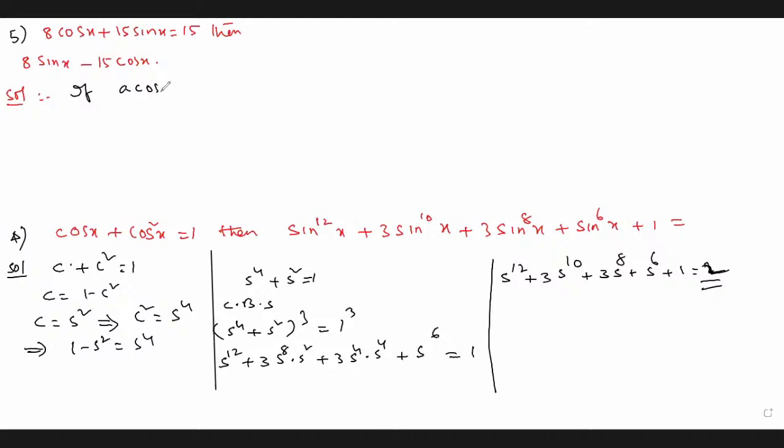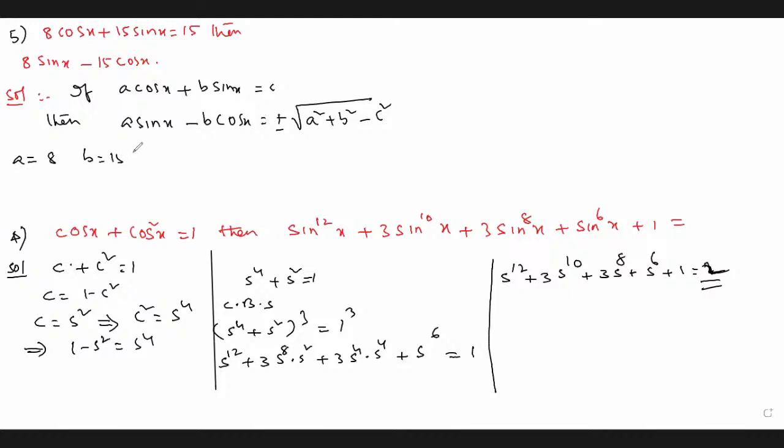If a cos x plus b sin x is equal to c, then a sin x minus b cos x is equal to plus or minus root of a square plus b square minus c square. Now substitute a is equal to 8, b is equal to 15, c is equal to 15 in the given problem.